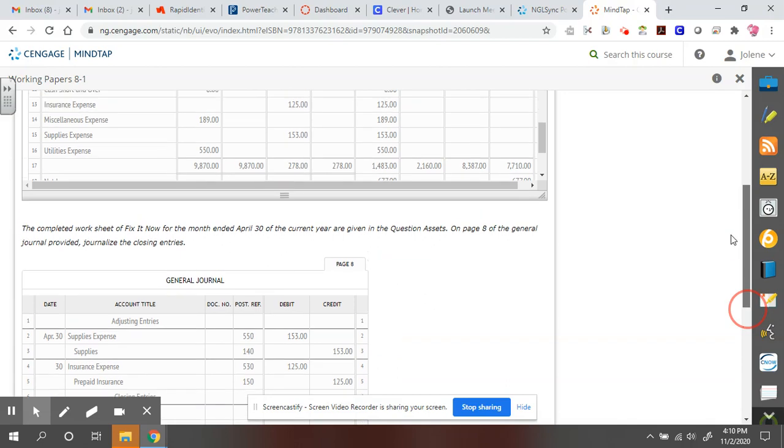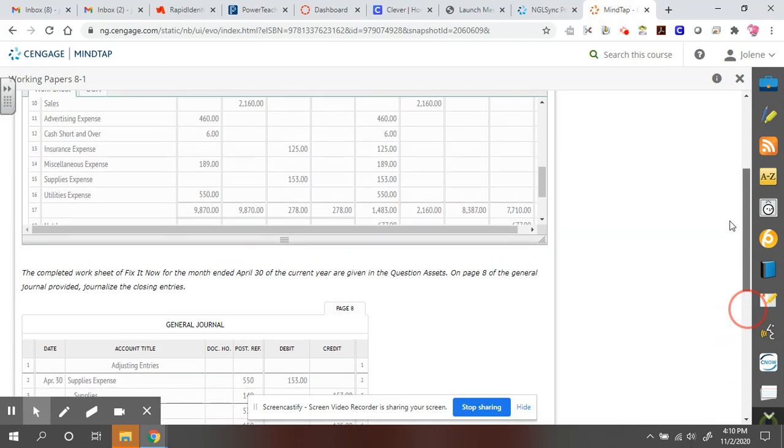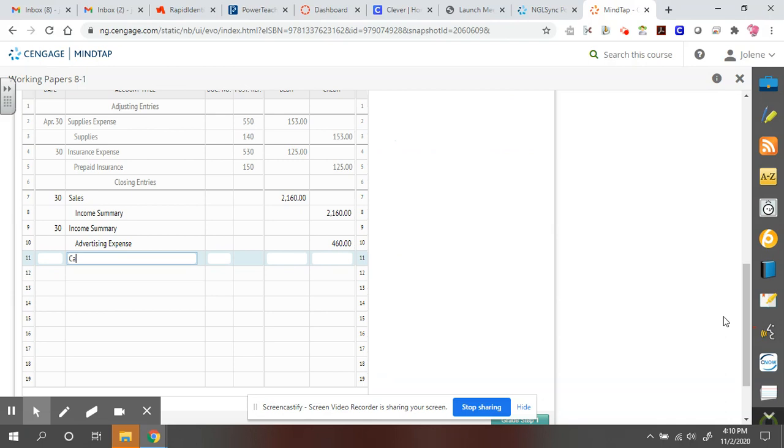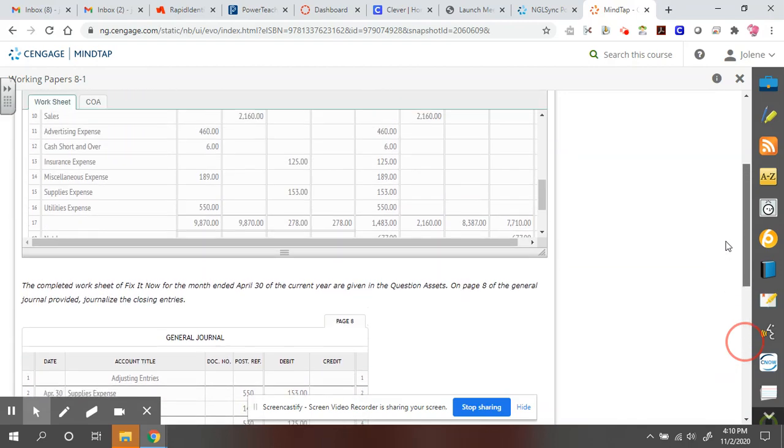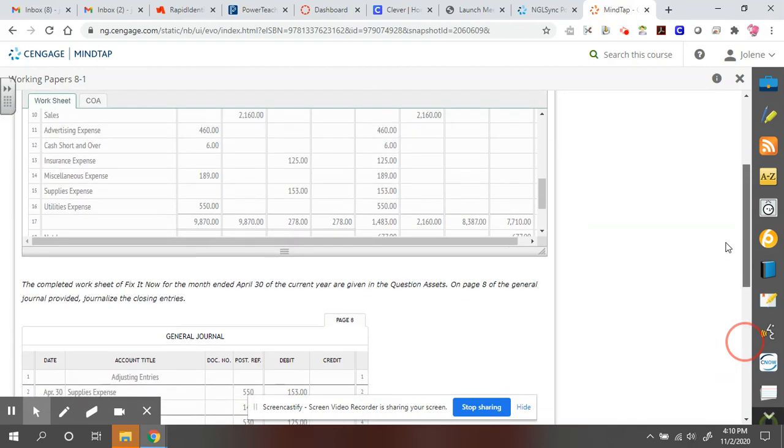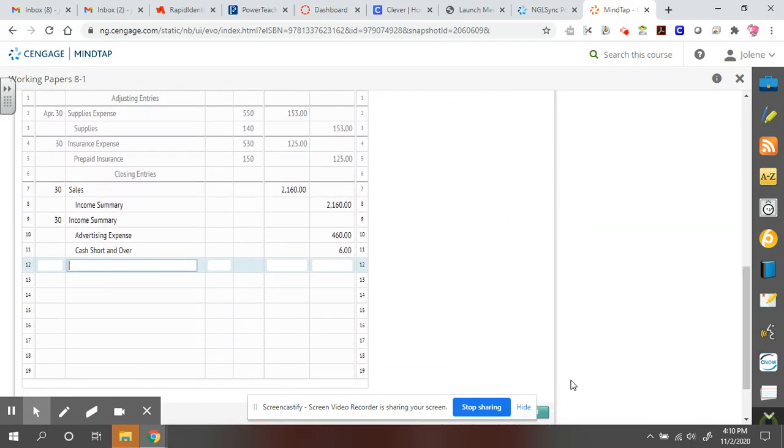The next expense is cash short and over for $6. Then insurance expense for $125.